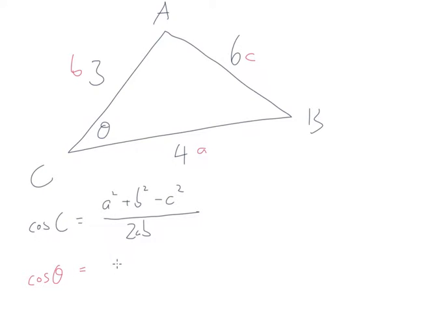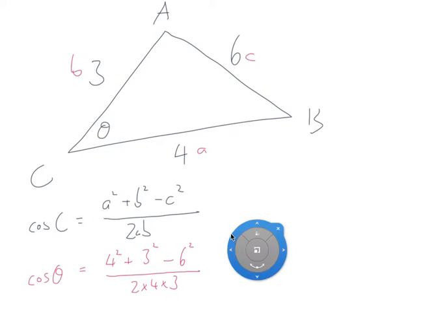So cos theta would be a squared, which is 4 squared, plus b squared, which is 3 squared, minus c squared, so minus 6 squared, on 2ab. 2 times 4 times 3.